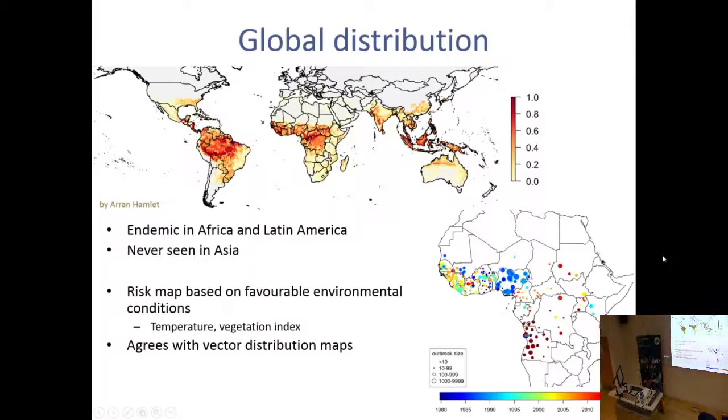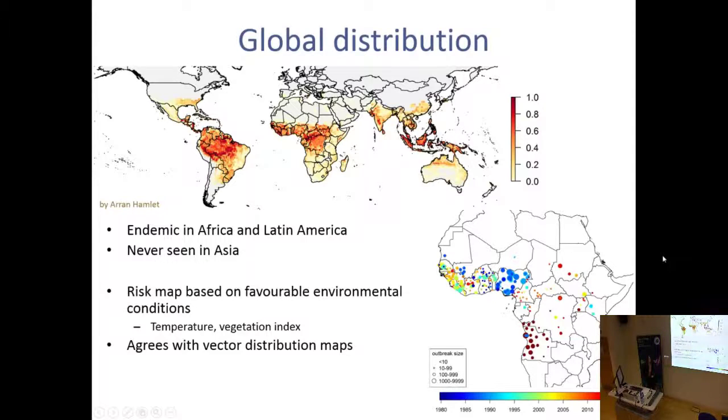So we've looked at where it occurs in Africa. Here each circle is a recorded yellow fever outbreak, and the size of the circle indicates how many people were affected. We've correlated that with environmental variables.